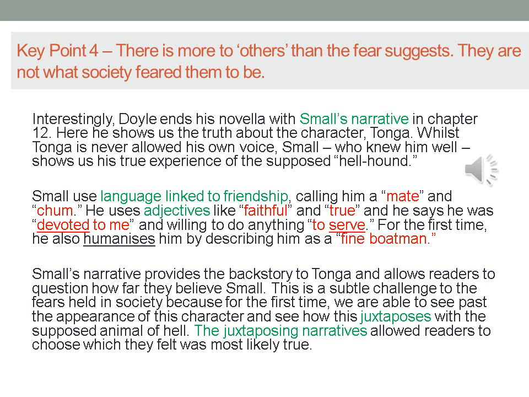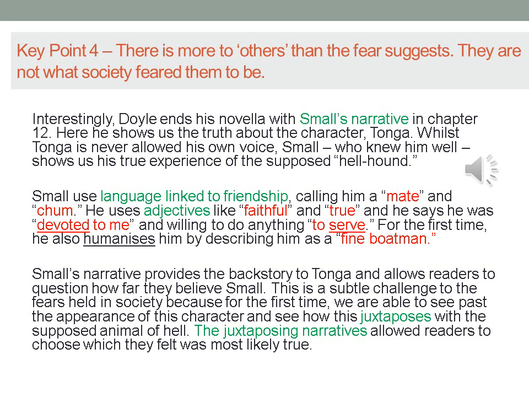Now, if you're really trying to stretch your responses, you will talk about the fact that whilst Jonathan Small shows us this sympathetic view of Tonga, he is never accepted within London society, and we get that with the fact that he is killed on the, I suppose, edge of London society in the River Thames.